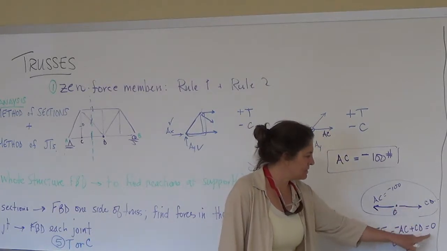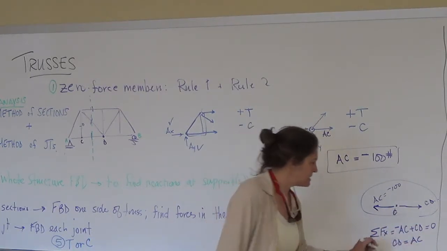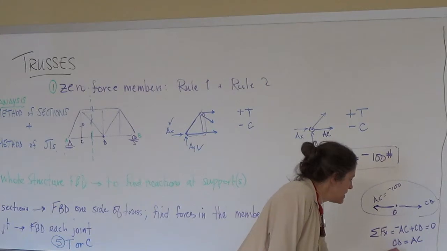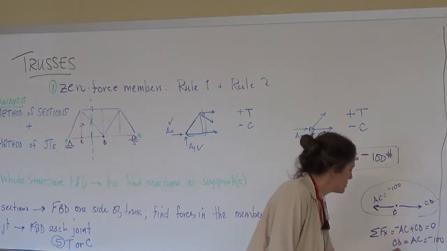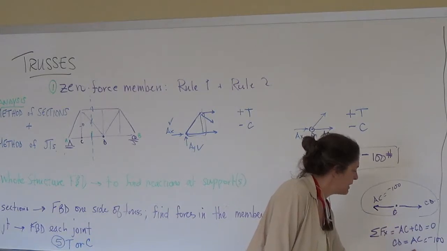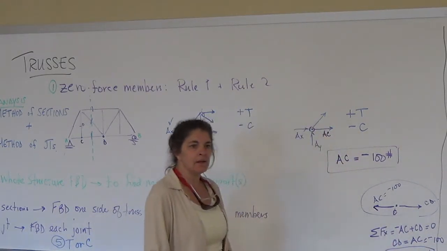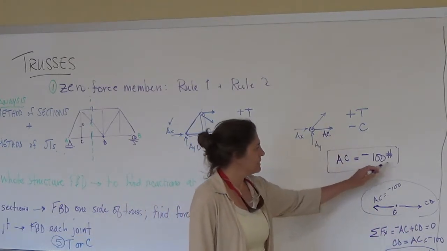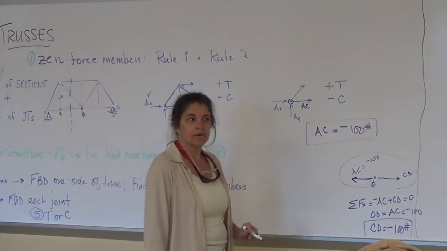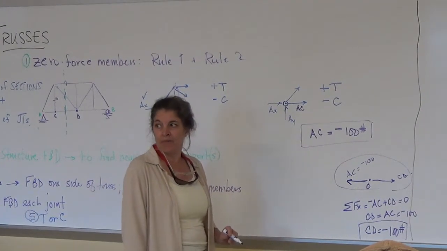Plus CD equals 0. CD is equal to AC. But AC is equal to a negative 100. So CD is equal to a negative 100 pounds. Got it? So I'm substituting in the value here. Everybody okay with that?